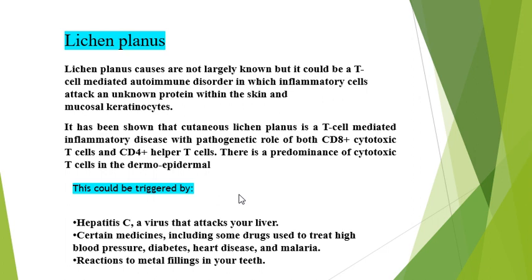What I have described could be triggered, as I mentioned, by any viral infection or hepatitis C virus, or certain medicines, including some drugs used to treat high blood pressure, diabetes, heart failure, and malaria. Also, reaction to metal fillings in the teeth may initiate immunological reactions that might lead to lichen planus, as it affects the skin and the mucous membrane of the mouth.